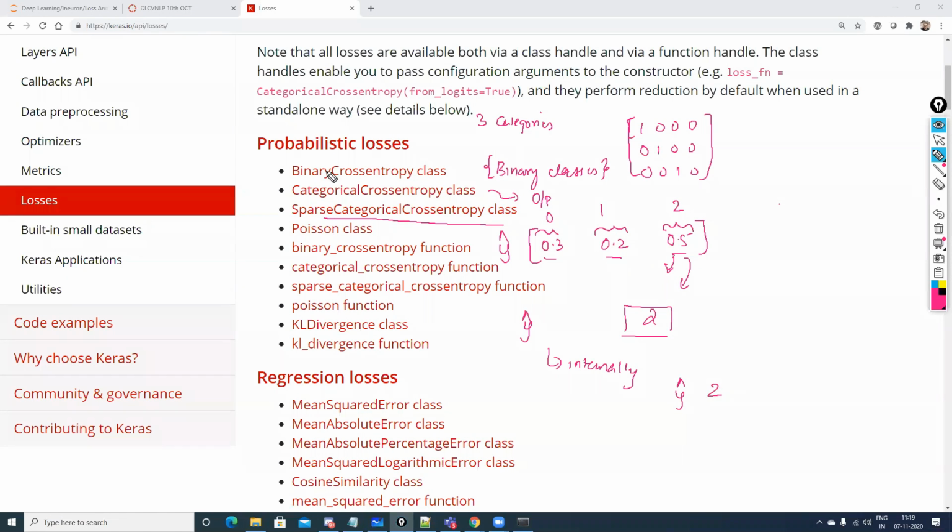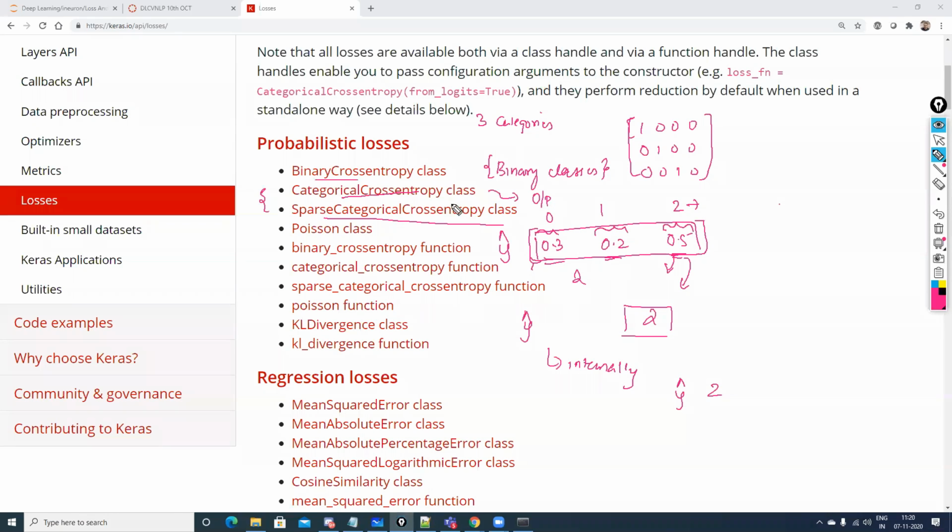If you're using categorical cross entropy, you'll get all three probability values. Then, once you get all these, you can take the maximum index value and say that this is the output class. In this case, what is the maximum index value? Second index. So whatever the second index class is, you are going to take that. This is the basic difference between categorical and sparse categorical cross entropy.